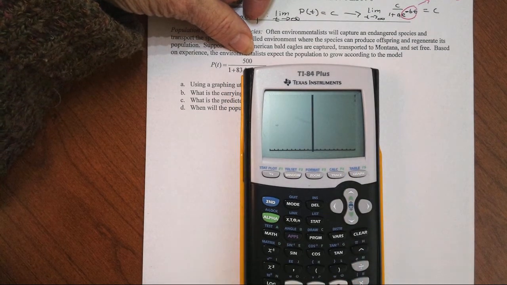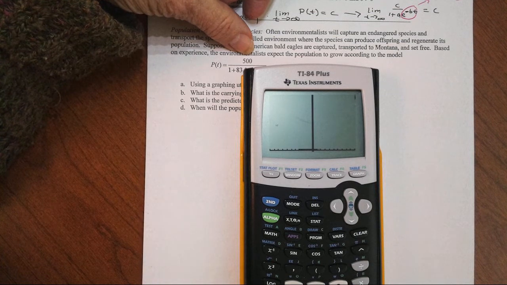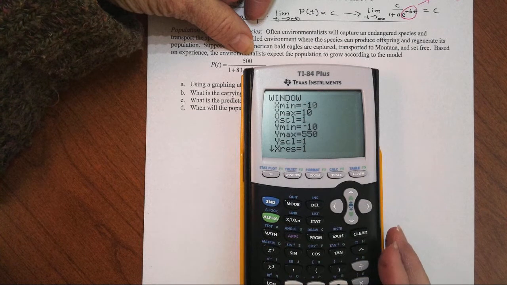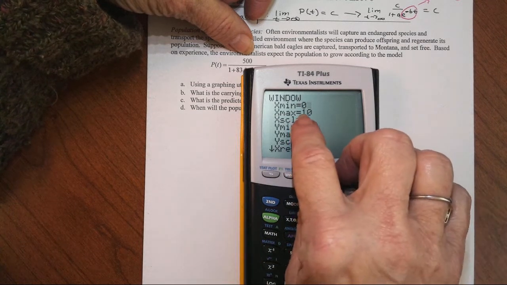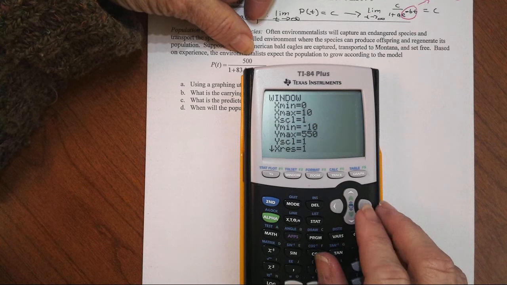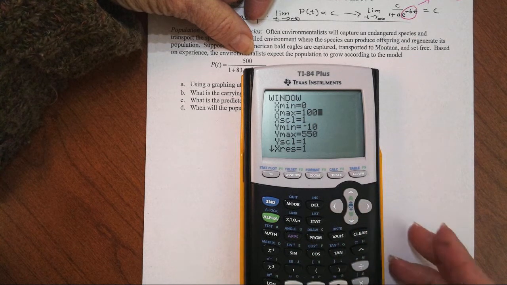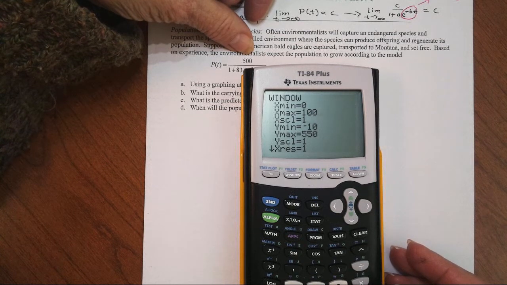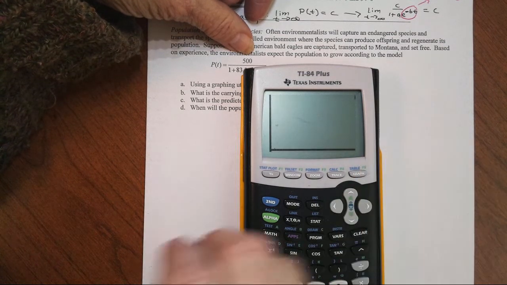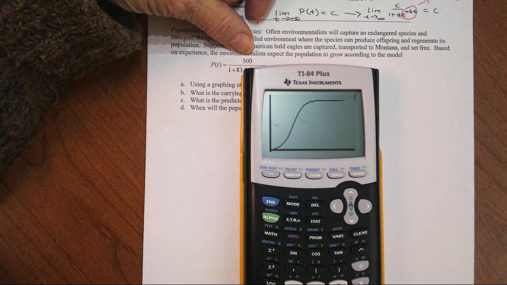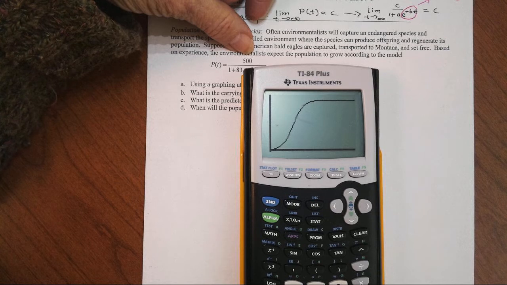See what happens to the graph. Well, not much. You can't see much at all. So probably we don't even need the window to show any negative values, but we sure need a lot bigger X max. So we're going to make it 100, see if that helps. And it does. Okay, so that's a classic logistic curve.